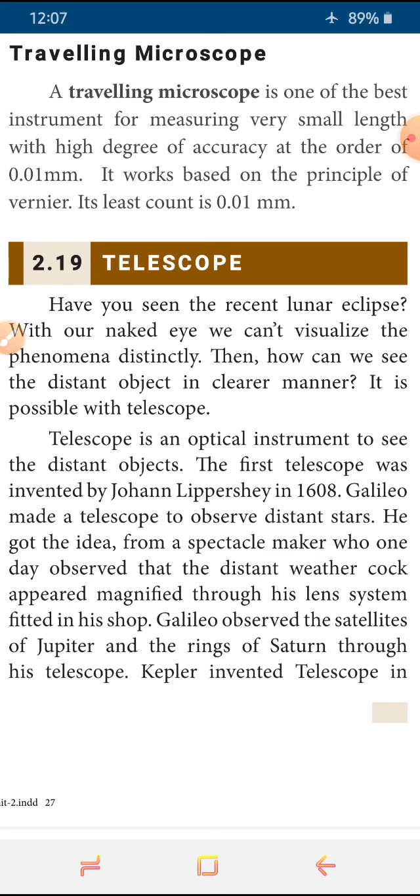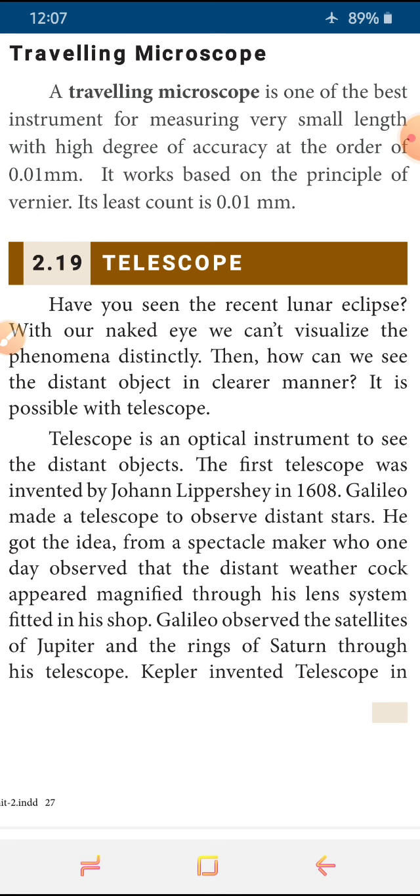It is easier to see a distant object magnified, and he used it to see Jupiter, and he found the rings around Saturn with the help of the telescope.